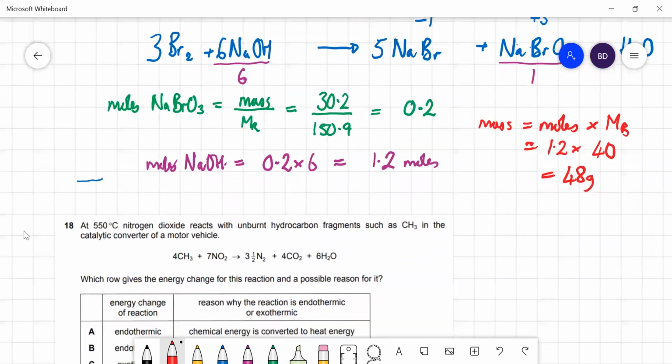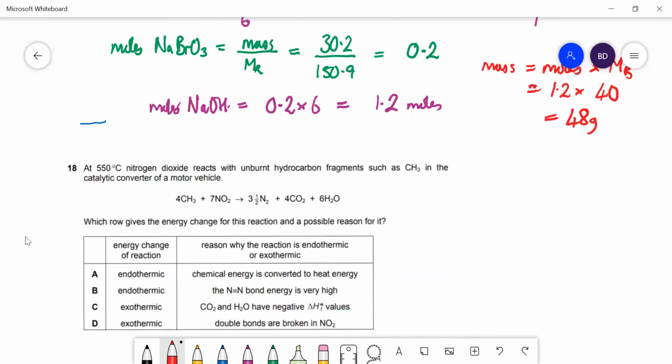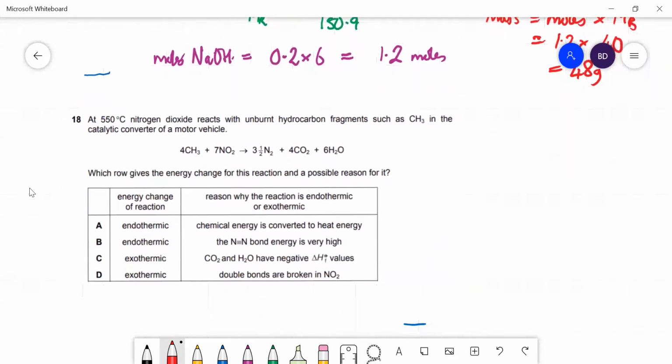Okay, 18. Nitrogen dioxide reacts with unburnt hydrocarbon fragments, this is CH3, in the catalytic converter. Which row gives the energy change for the reaction and a possible reason for it? Is it endothermic or exothermic? Well, it's going to be exothermic because you are producing lots of carbon dioxide and water.